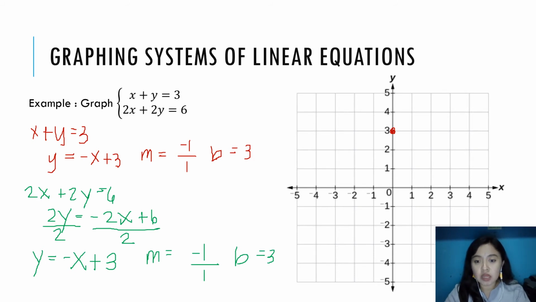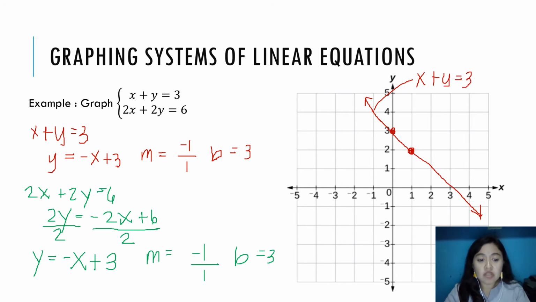So, here is its second point. Let us connect the two dots and put an arrowhead on the line. Now, we will name this line. We follow the original equation that was given, which is x plus y is equal to 3.